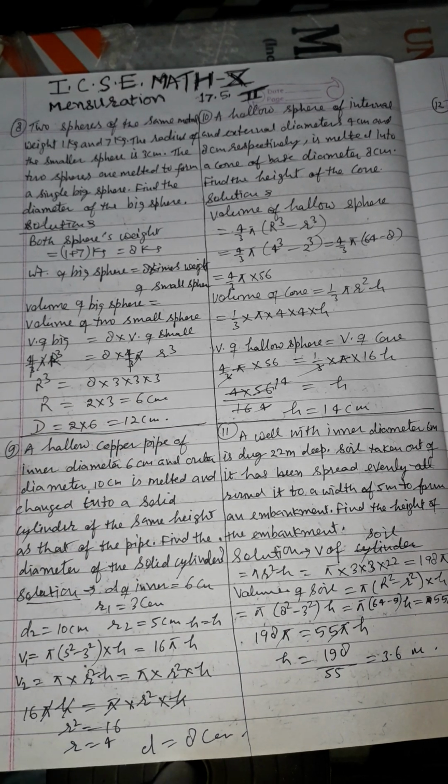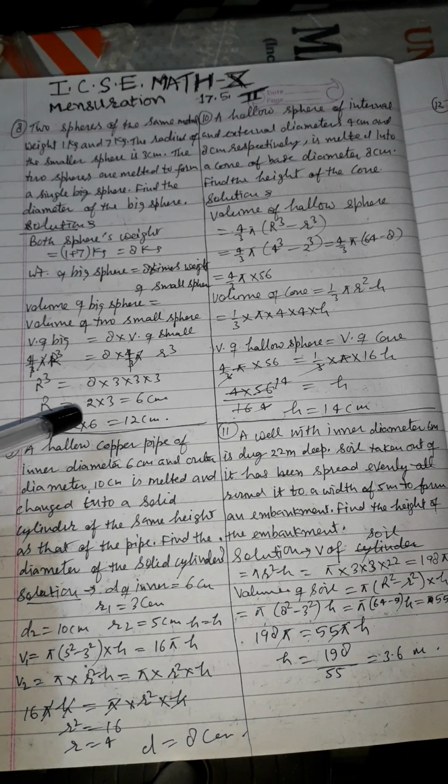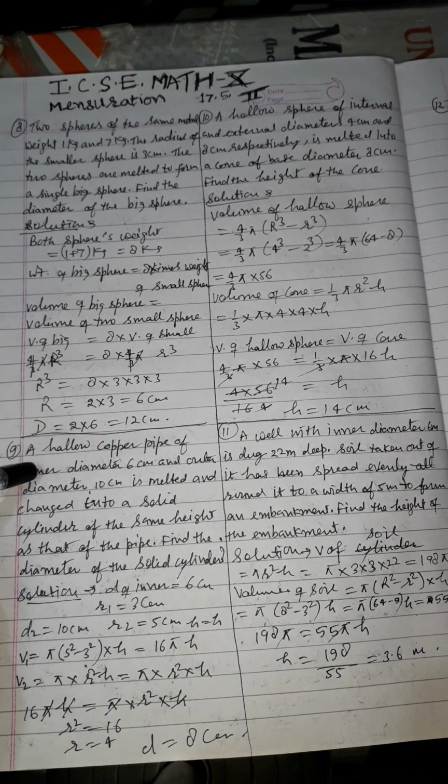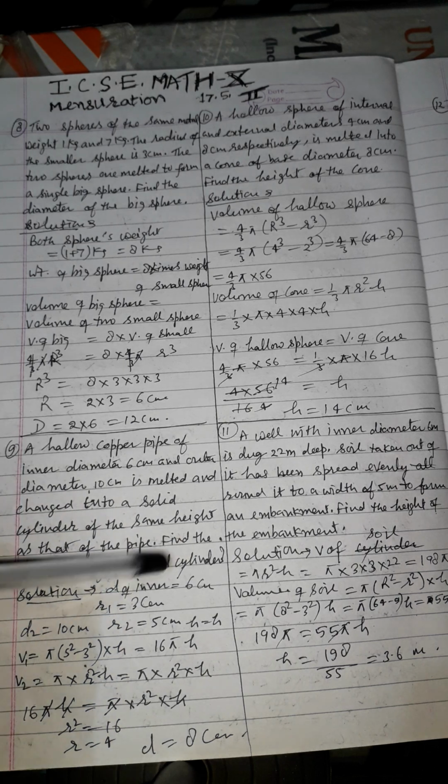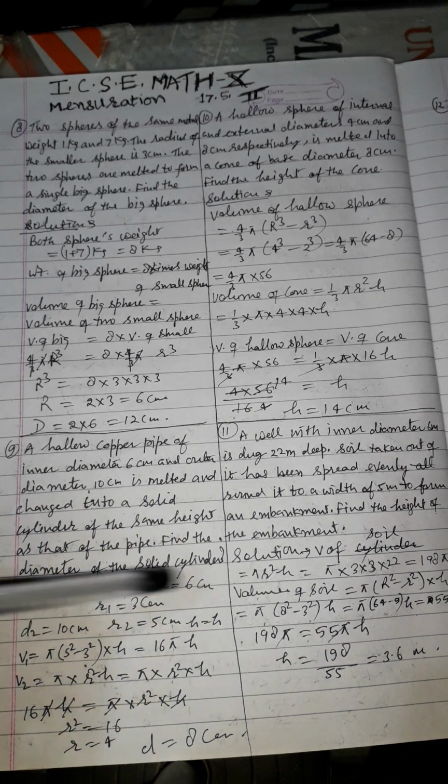A hollow copper pipe of inner diameter 6 and outer diameter 10 is melted and changed into a solid cylinder of the same height as the pipe. Find the diameter of the solid cylinder. Diameter of the inner cylinder is 6 and the radius is 3.